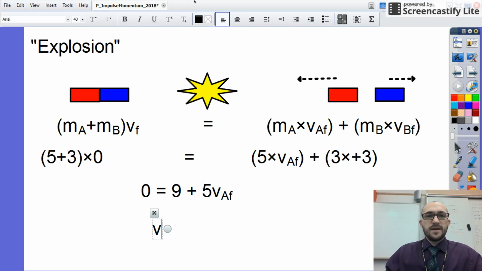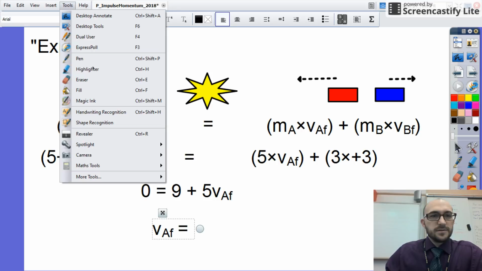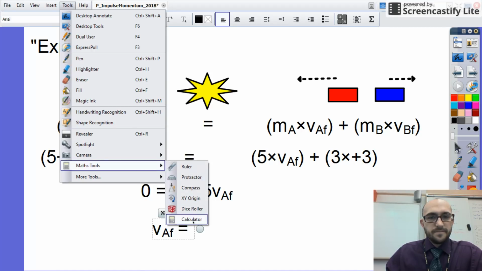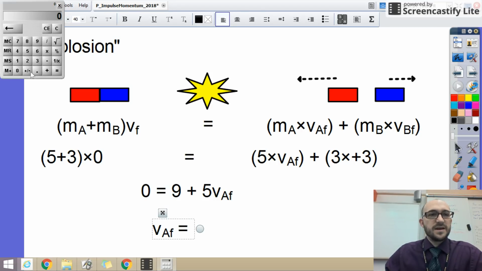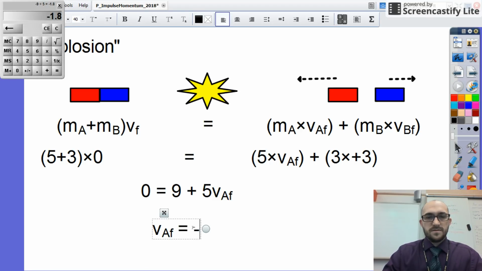All right, which gives me a final velocity of A of whatever, let's see, I have to subtract 9 from both sides, so I have negative 9 divided by 5 gives me negative 1.8 meters per second.